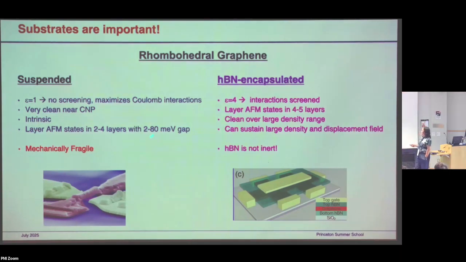This is where we could make very high quality suspended samples. It's actually very clean, I would say cleaner than boron nitride supported samples near the charge neutrality point, so you see intrinsic behavior, but of course it's mechanically fragile, versus hexagonal boron nitride encapsulated devices.